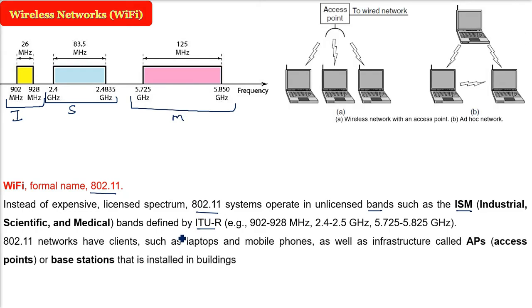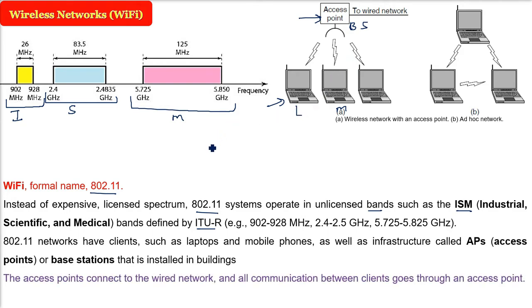Wi-Fi is using this. So 802.11 has clients. This can be your mobile phone or your laptop. And the infrastructure, that is, we have access points, or we already know it by the name of base station. Since Wi-Fi has a range, it is installed in a building or an area, and the laptop and mobile phones are wirelessly connected to access points.